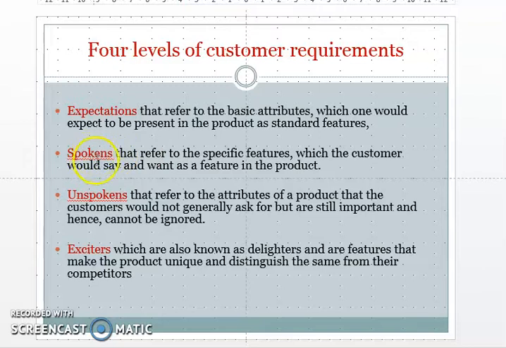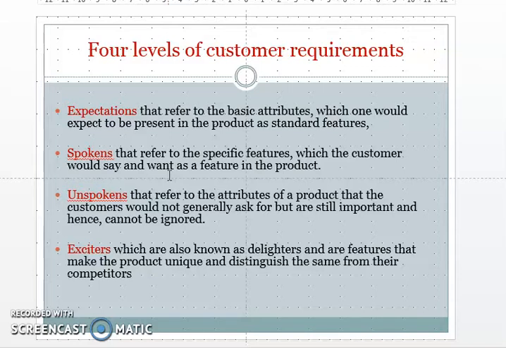After that, there is the spoken level, which refers to the specific features which the customer says and wants as features in the product. Then the customers are speaking, asking, or demanding those features in the product.